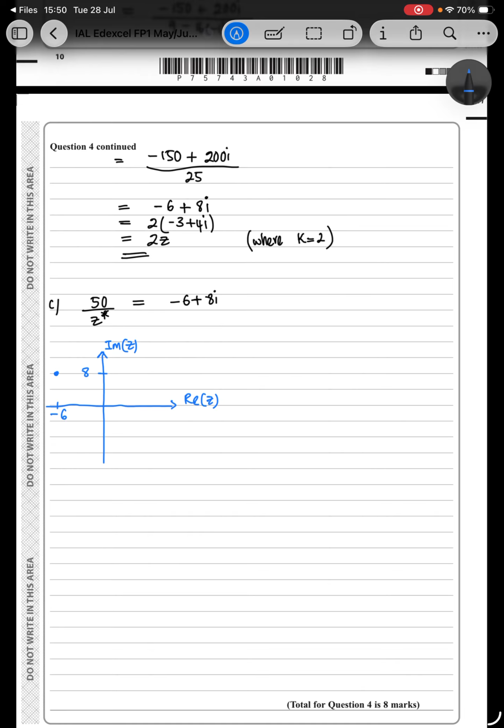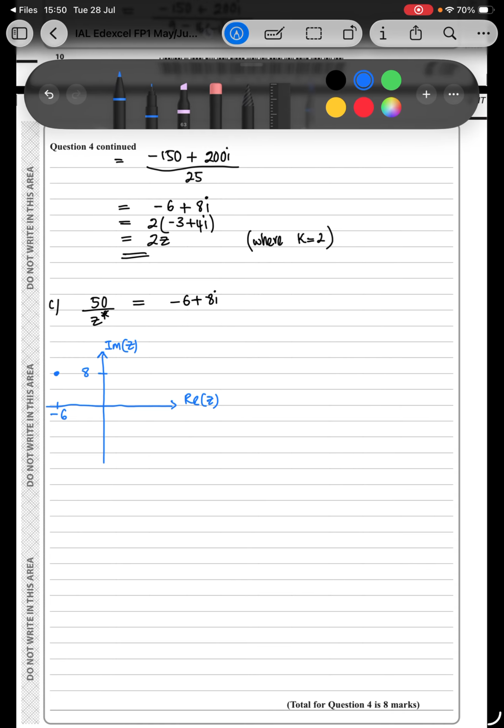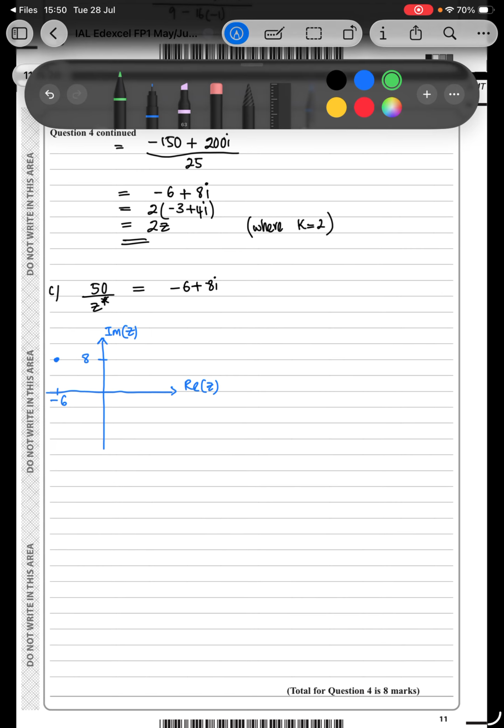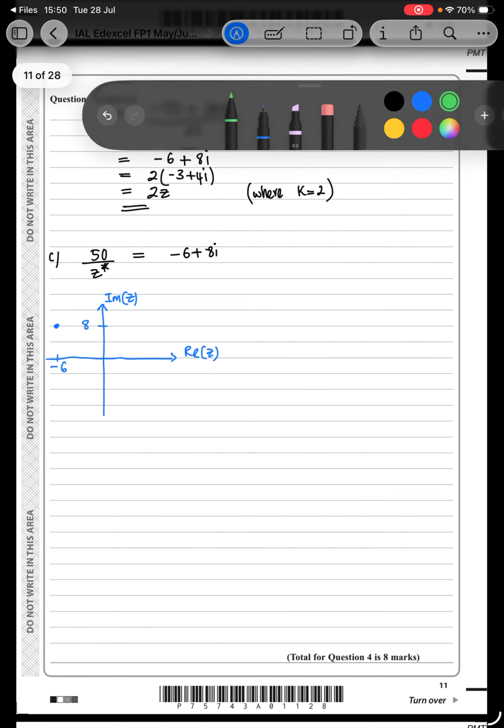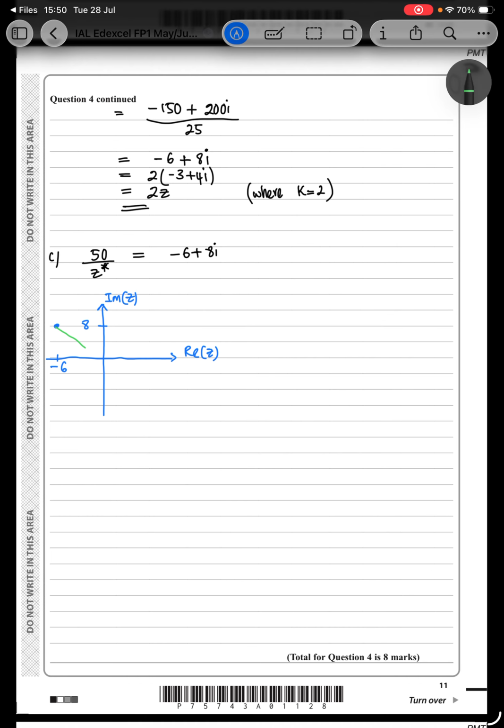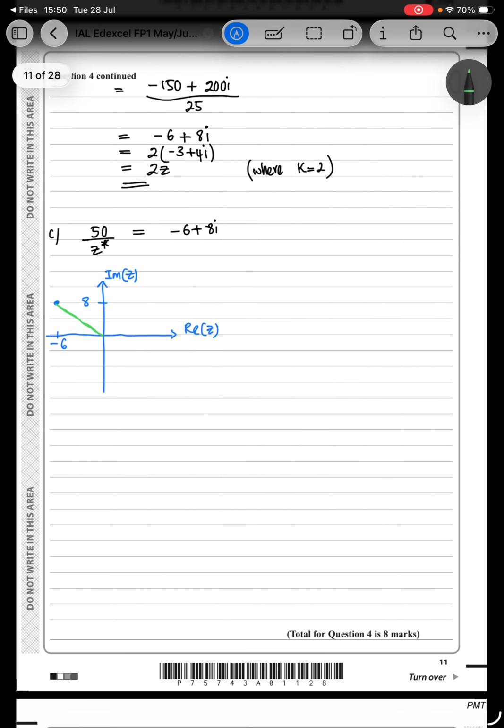So the point will be at this part of the axis, and if I connect it to the origin, it will look like this, and we need to find this angle, which is the argument of 50 over z complement.